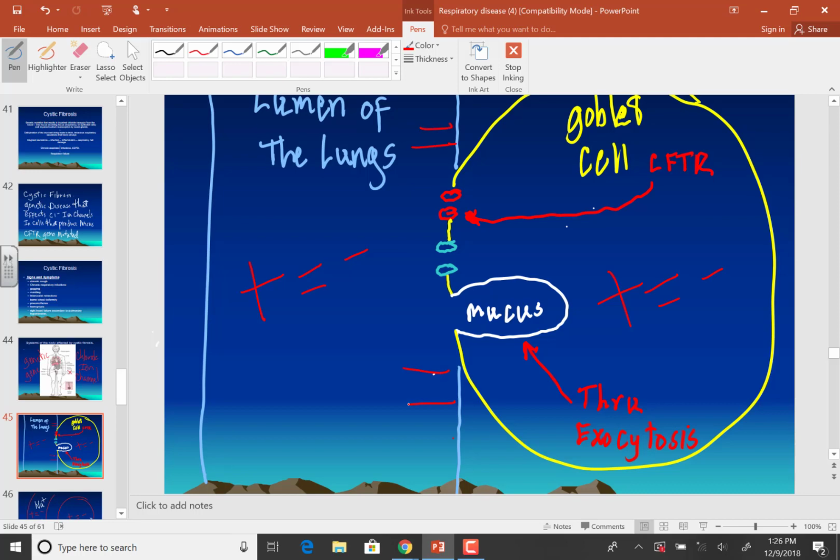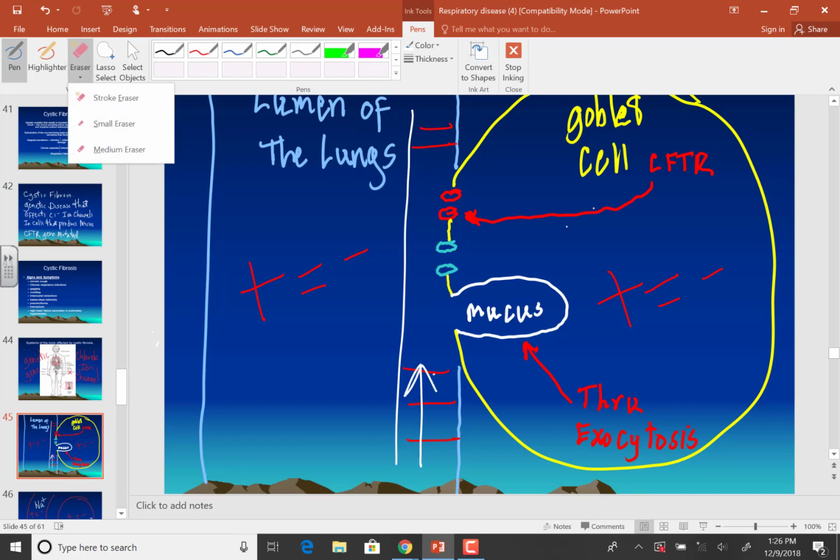So basically, the mucus rides on that cilia, and the job of the mucus is to collect that stuff, and then the cilia will beat it from the lower airway to the upper airway so you can get rid of it.